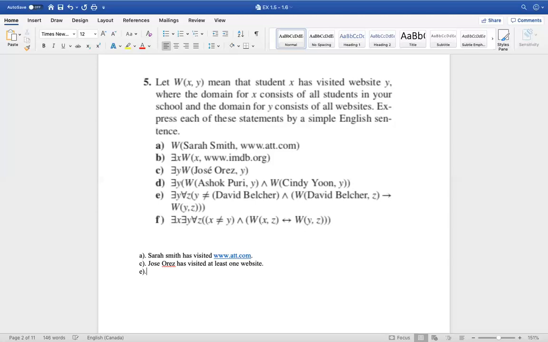Part E. This E is a little trickier, but we will be using the same logic.